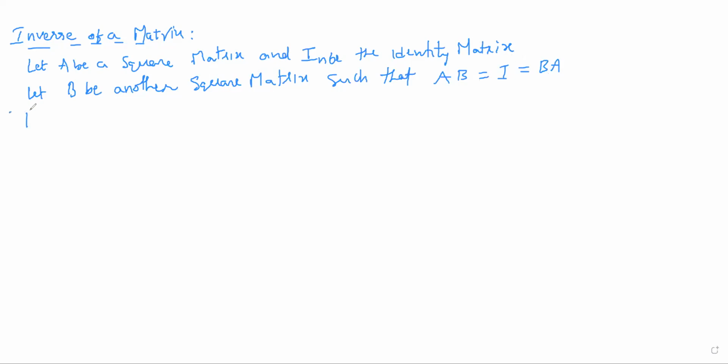Then capital B is called the inverse of the matrix capital A. Okay, mathematically this is the definition.